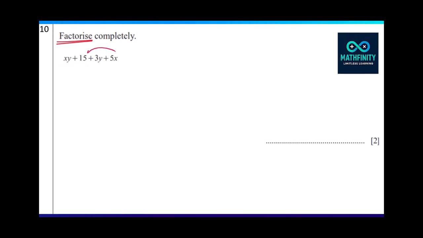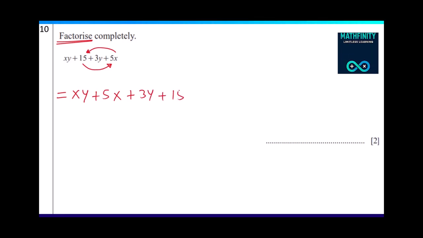So I can bring this term here and shift this term here. We will write xy plus 5x and plus 3y plus 15. Now we will make pairs.